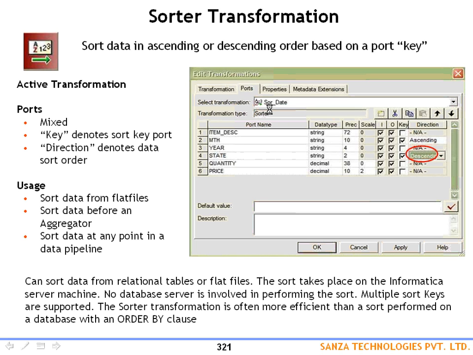You can sort flat files, you can sort data before an aggregator or anywhere in the mapping. It contains input port, output port and a key port. This is where you indicate on which columns you want to do order by, and the direction, ascending or descending.